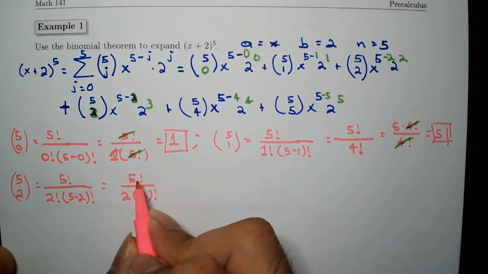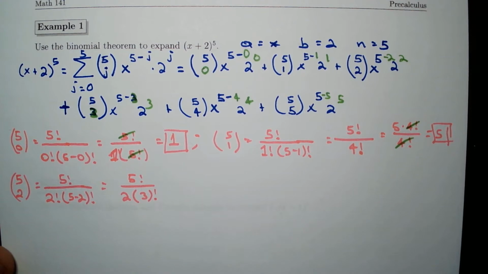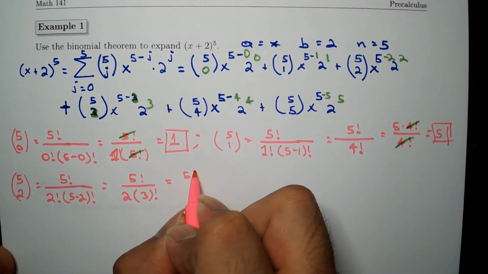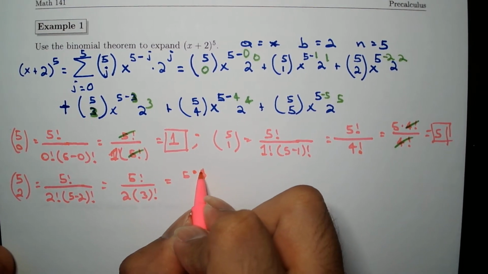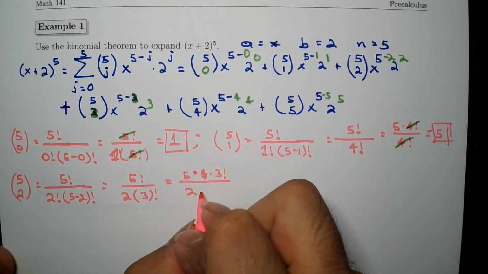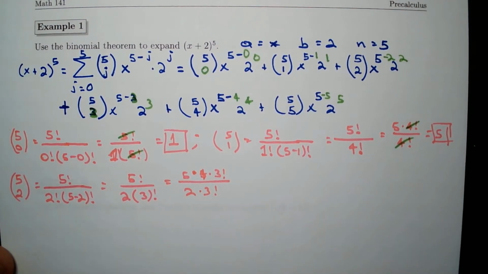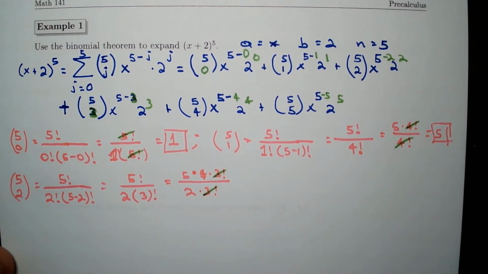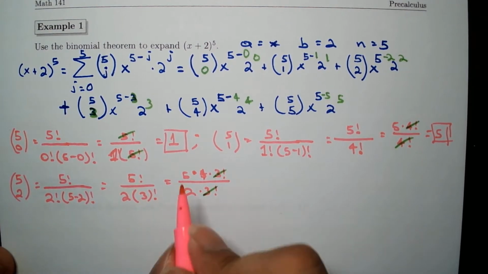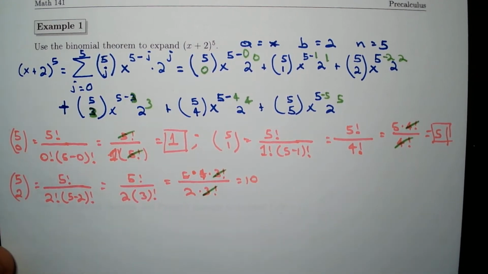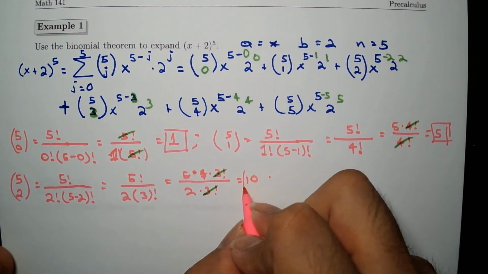Again, do you remember when I did the 3 factorial? So I'm going to do it in this case. I'm going to go 5 times 4 times 3 factorial over 2 times 3 factorial. And see how this goes away. Cancel, cancel. And 5 times 4, that's 20. 20 over 2, that's 10.